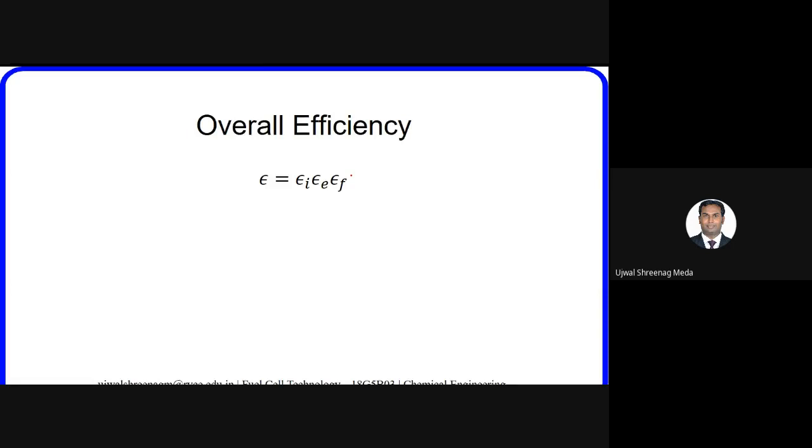So in one case we briefly touched upon the names, that is the activation loss, and in another case ohmic loss, but these losses we are going to discuss in detail. Before that, we shall try to define these terms.